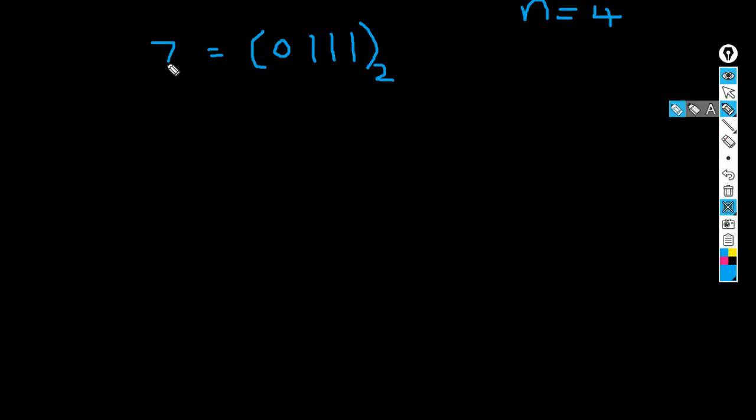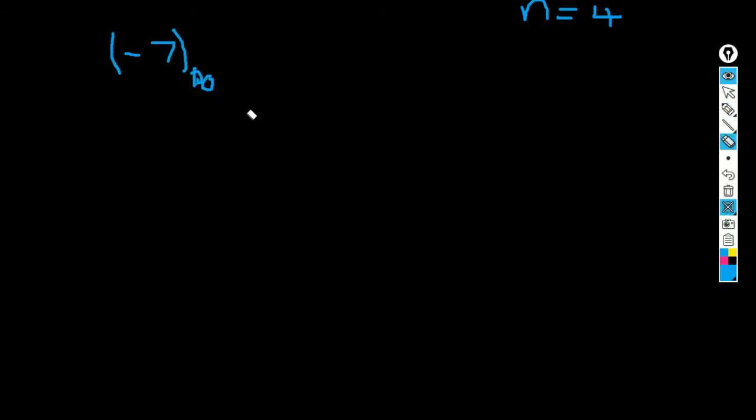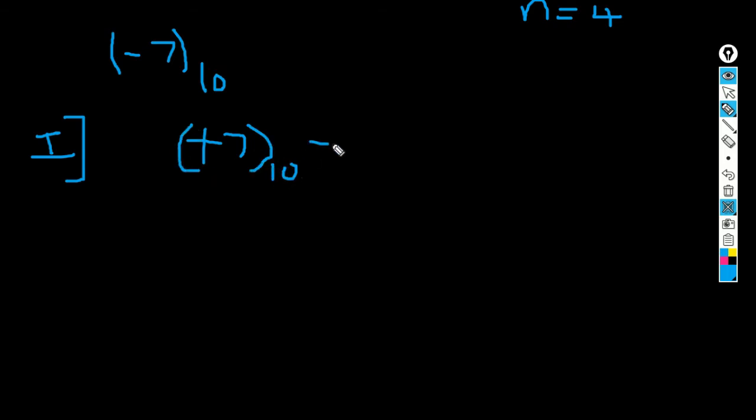Let's find the minus 7 answer using two's complement approach. First step, represent plus 7 in sign magnitude form. Our answer is 0111, which we have just seen.